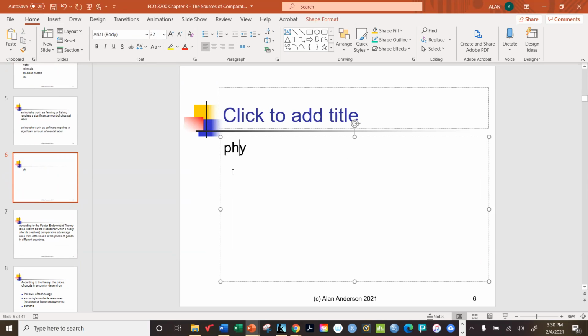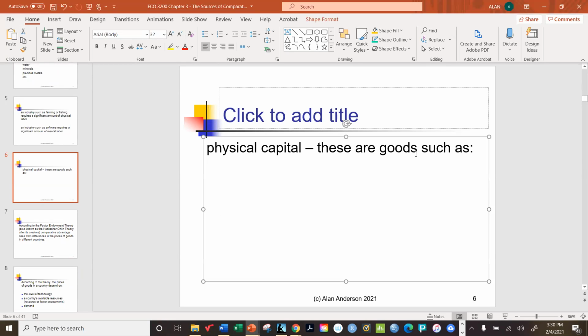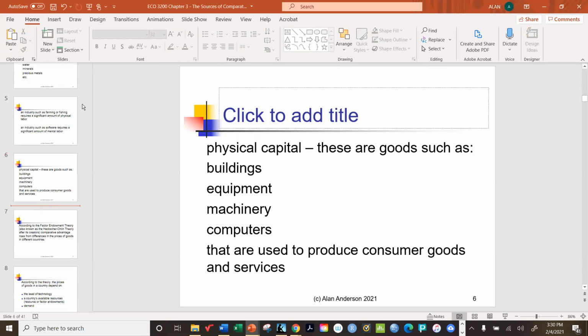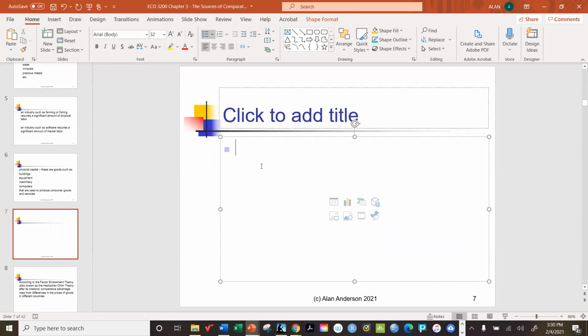We have physical capital, and these are goods such as, let's say, buildings, equipment, machinery, computers that are used to produce consumer goods and services. But we also have this other interesting category called human capital.